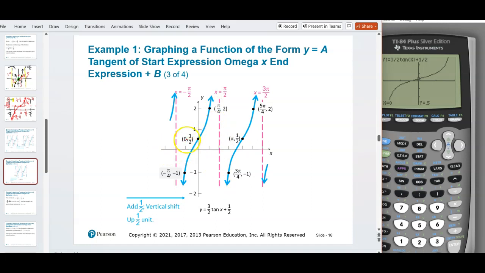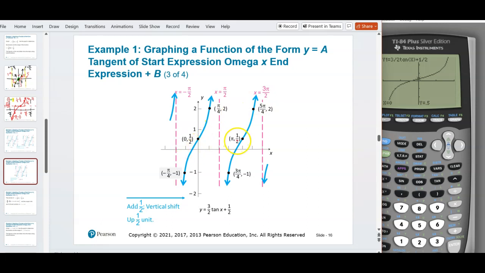And then after you get that first pair, you just add pi to all of these points because the period is pi, and you get a repeat, like a copy of everything. So we're adding pi to the left vertical asymptote. Adding pi gets me positive pi over 2. Adding pi over 2 to this one gets me 3 pi over 2.